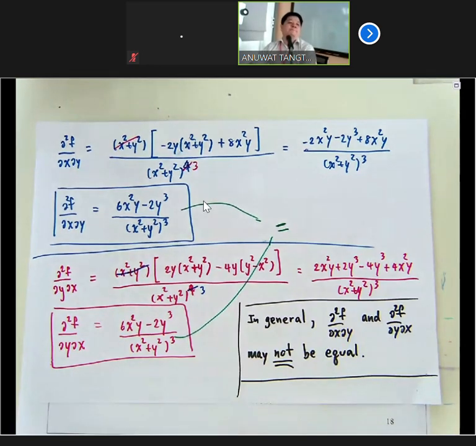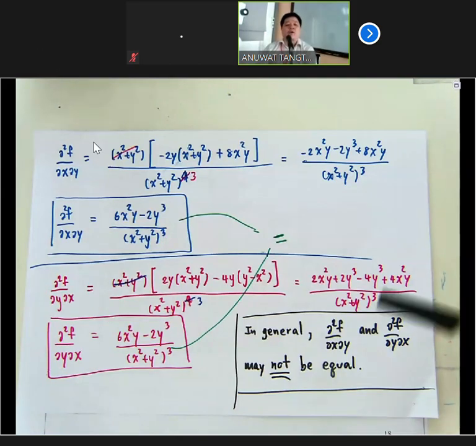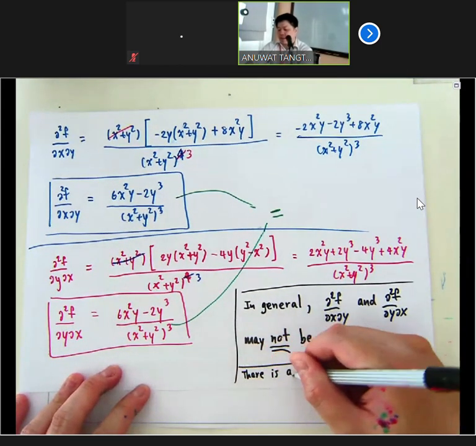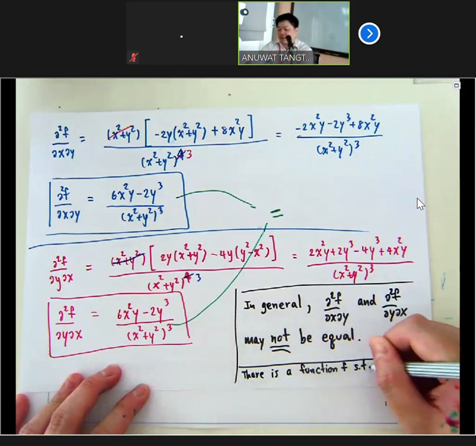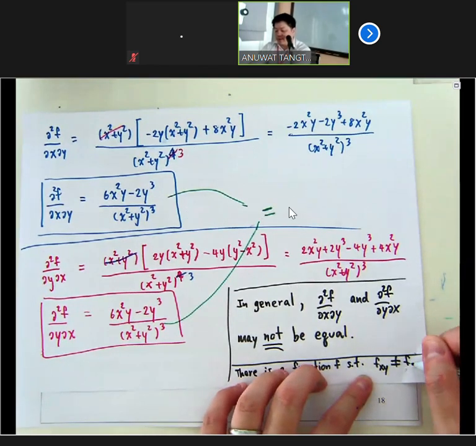There is some function f that gives different mixed partial derivatives. That means there is a function f such that this fxy does not equal fyx.